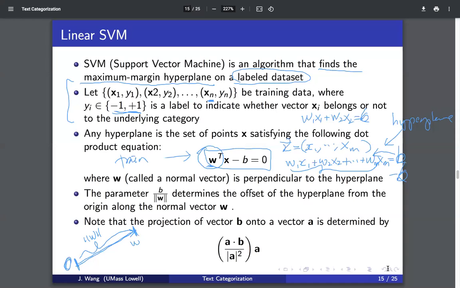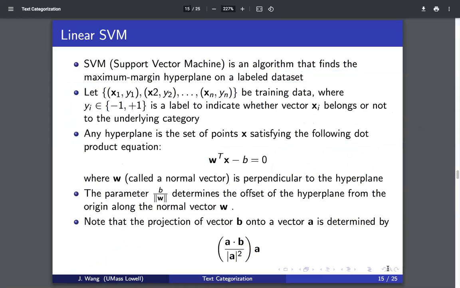All right, so that is the norm. And B over this thing is actually the offset, so that's the length of the margin. That is a good thing to know here.